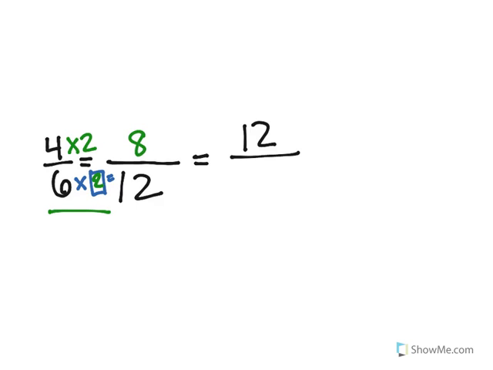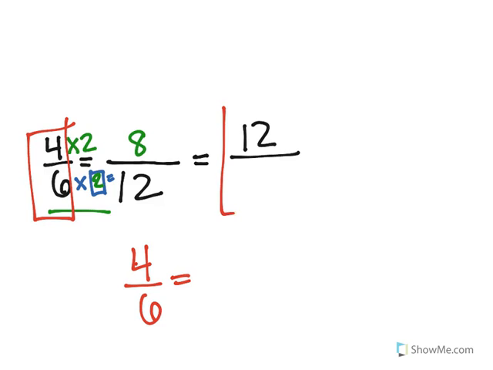Like before, there's nothing I can multiply 8 by to get to 12. So I have to go back to my original fraction. So I take the 4/6, and I'm setting it equal to this, 12 with the missing denominator.